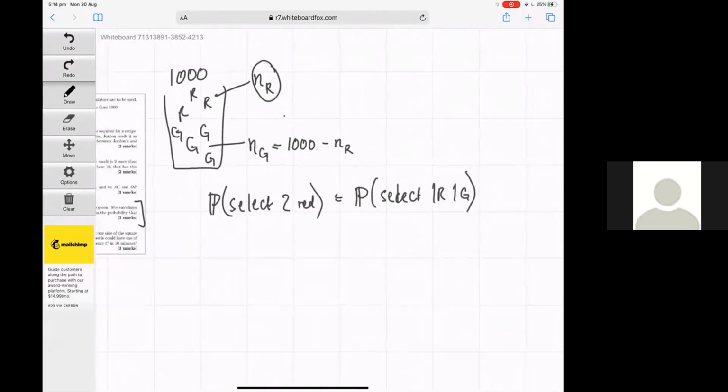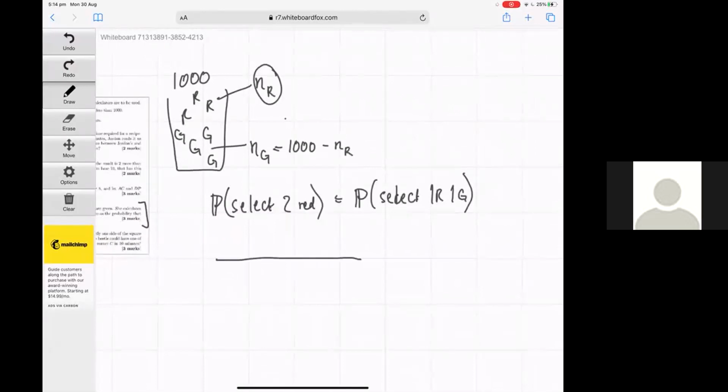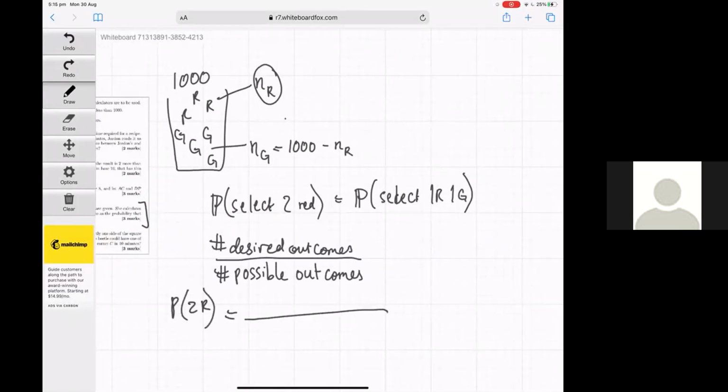Okay, so we're going to go with our classical probability formula, which is on the denominator, you get all the possible outcomes. So the number of possible ways to select 2 marbles in general. And on the numerator, we have our desired outcomes. So probability of 2 red would be, on the denominator, how many ways are there to select 2 marbles at random from 1,000?